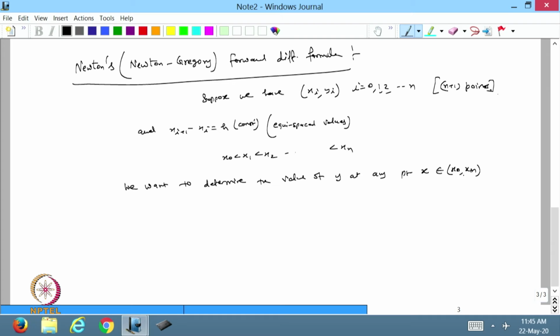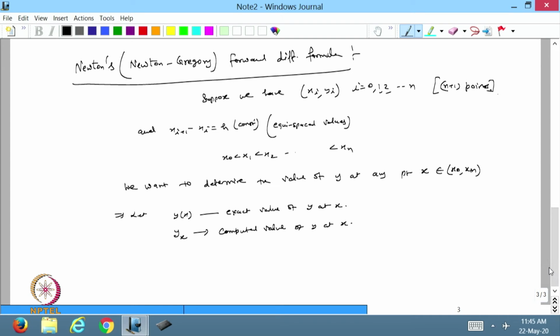Now, I want to determine the value of y at any x in the open interval. So, let y(x) give me the exact value of y at x, and y subscript x be the computed value of y at x.